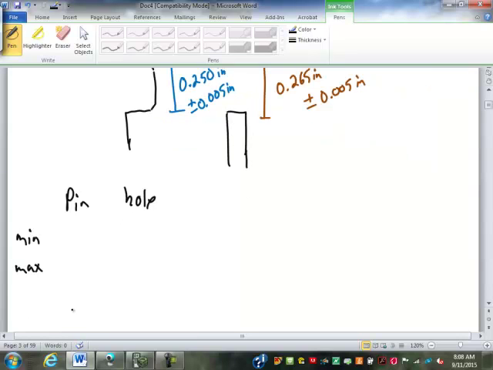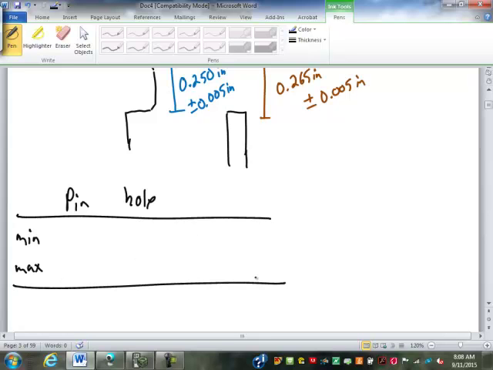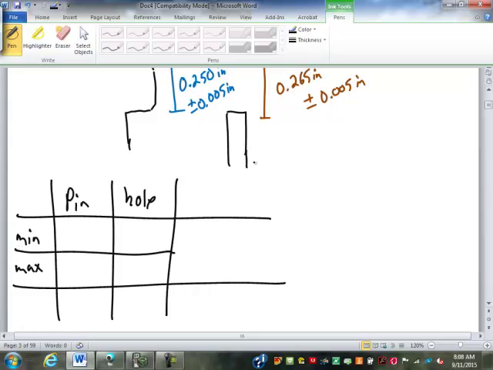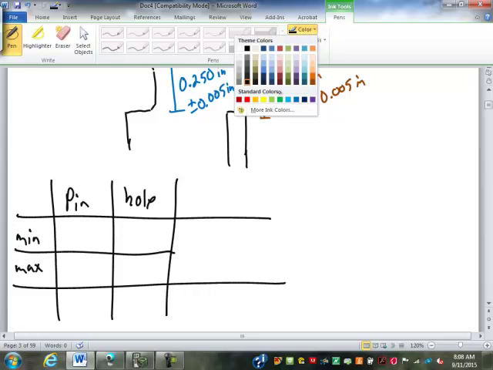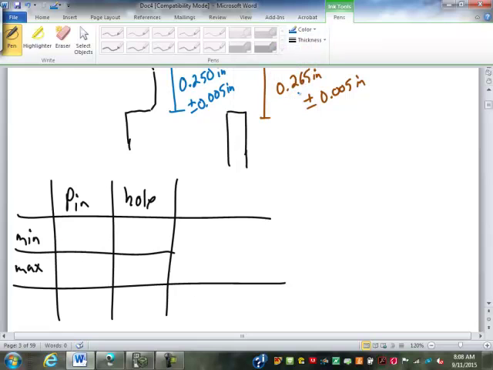These tolerances give us a maximum and a minimum size for everything we're dealing with. For our pin, what is the minimum size, the smallest that pin could be? 245. Good. What's the largest it could be? 255. For the hole, what is the smallest it can be? 260. And the largest? 270.